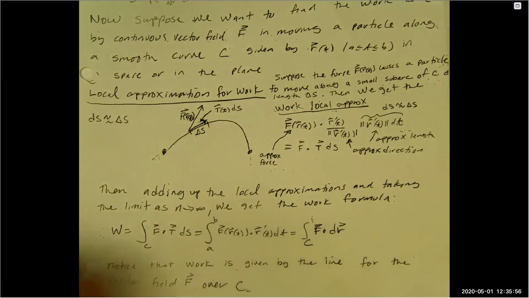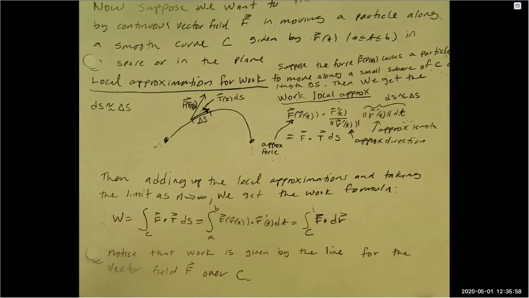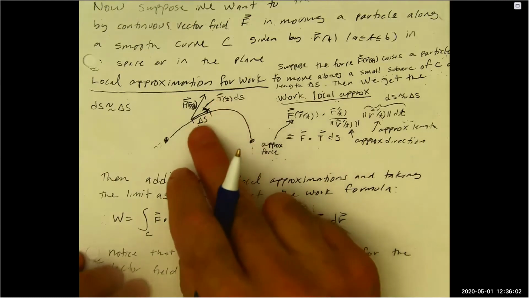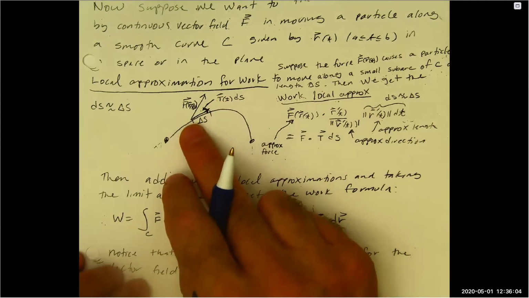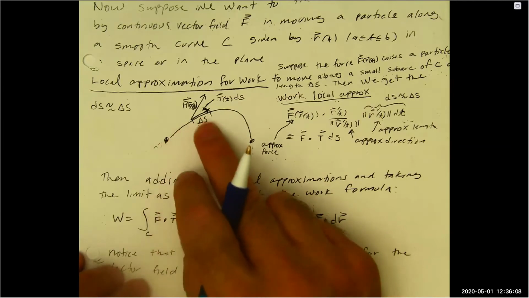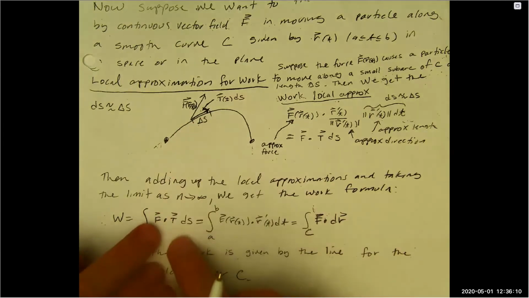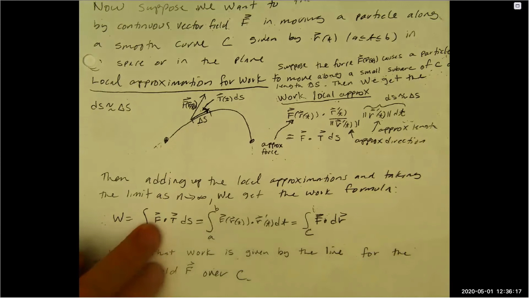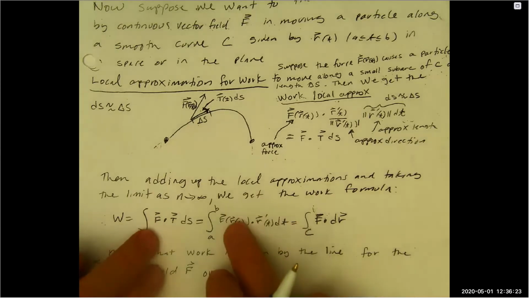So notice that work is given by the line integral for a vector field F along C. Basically, think about it as doing it for all the values of t going from a to b. At each one we get a local approximation, and then adding up the local approximations, which is like taking a Riemann sum and then taking the limit as n goes to infinity, we get the work formula.